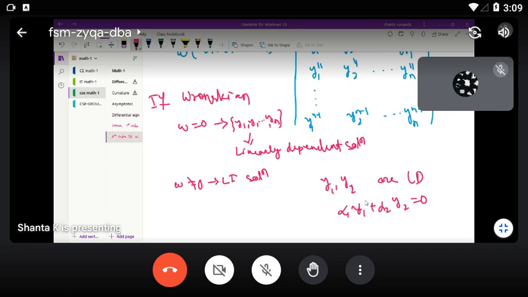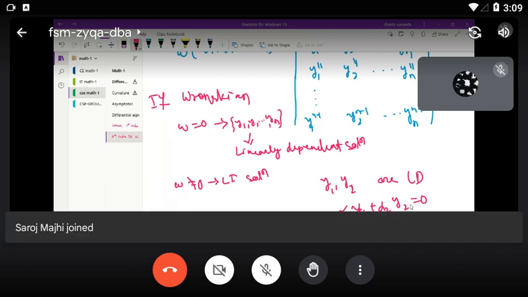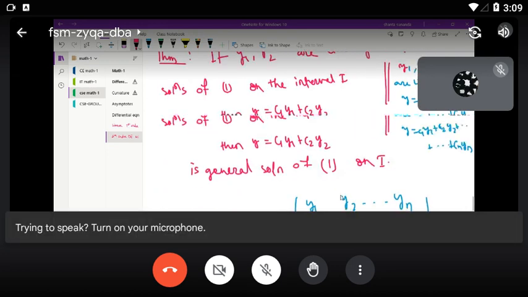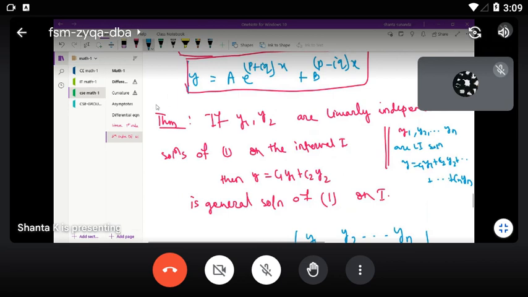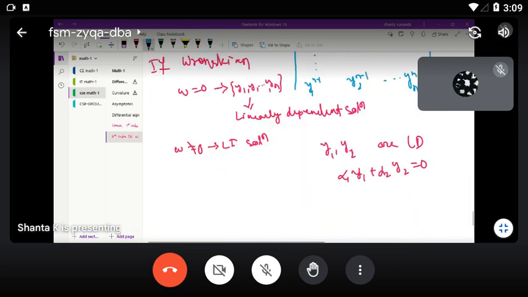If you have n solutions, this linear combination goes up to n terms: alpha 1 y1, alpha 2 y2, up to alpha n yn. This is just for your information.